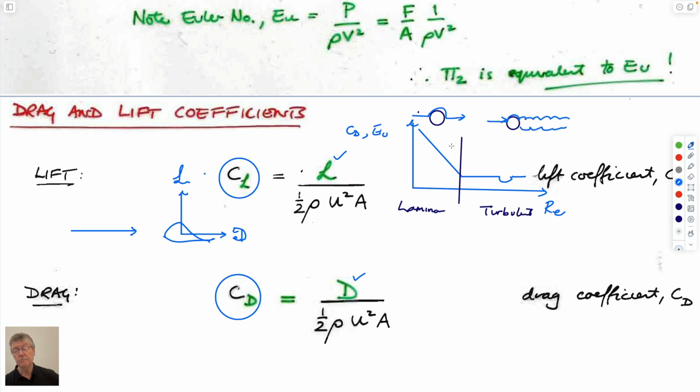So these are the differences. This would be pressure drag, and this would be viscous drag.